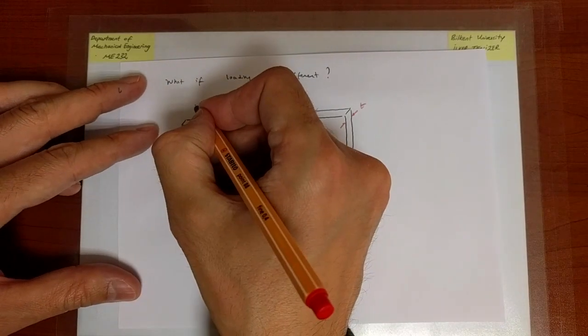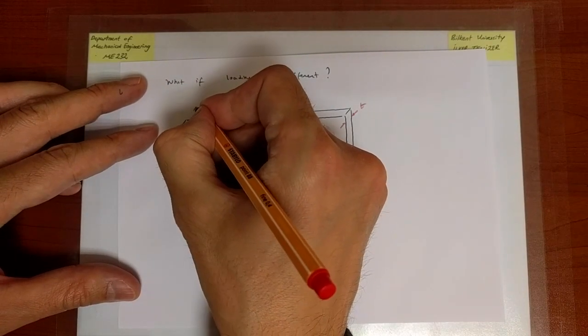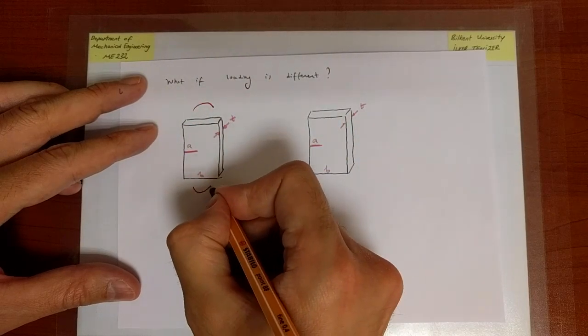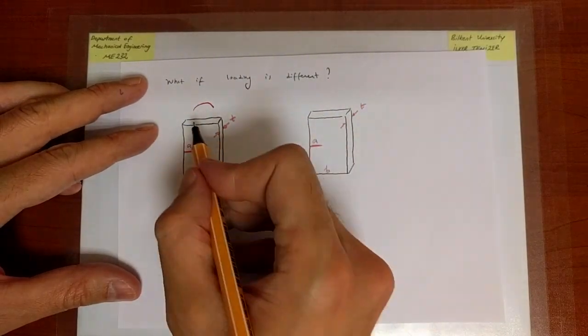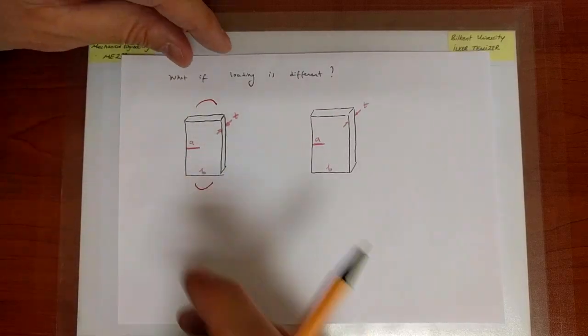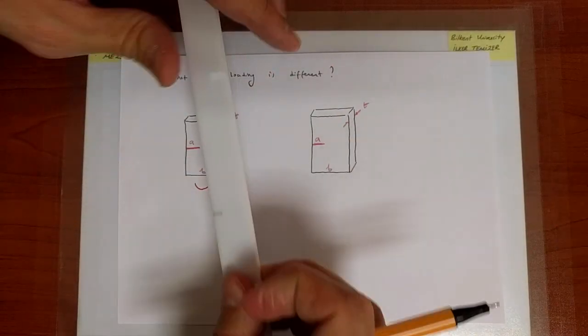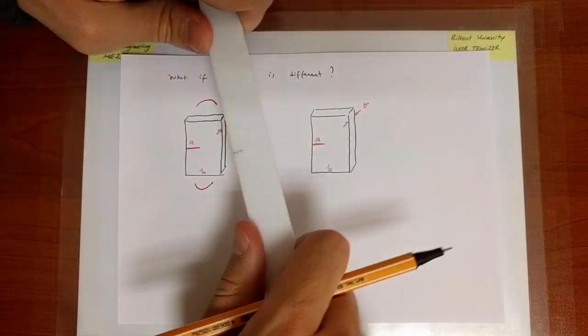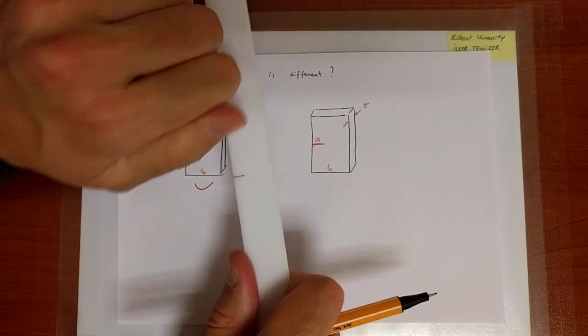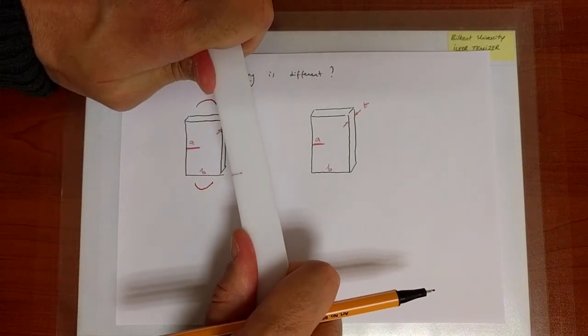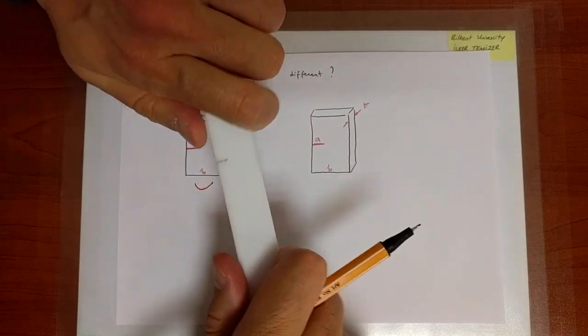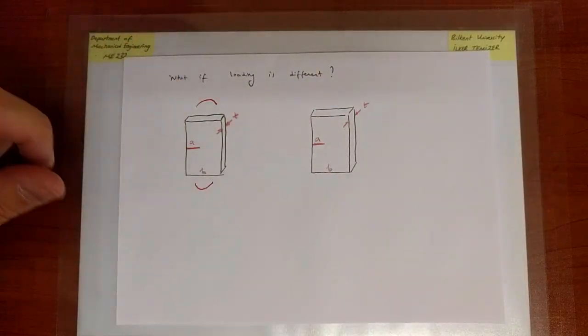Instead, we are going to either bend it, or I'm going to load it in a way that is similar to bending. Now, if I bend it so that I try to close the crack, I know nothing happens. If I try to open the crack, if I try to bend it like this, then fracture is important.